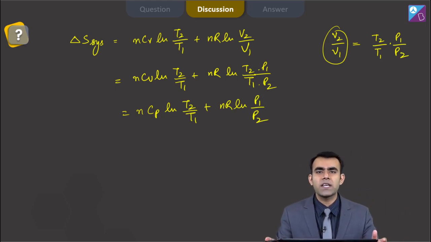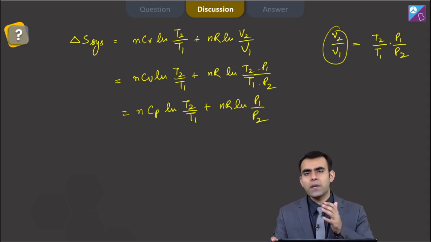Now the question is very simple. You have to put in only the values of T2, T1, P1, P2.